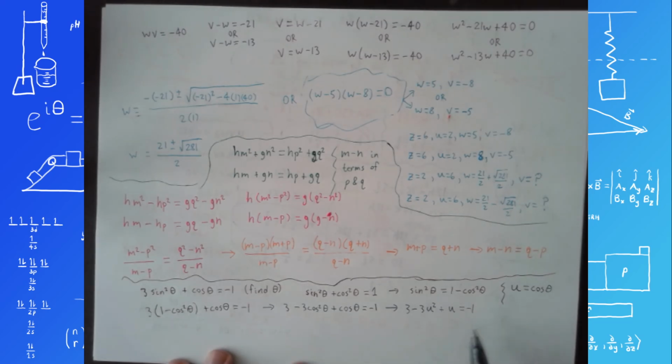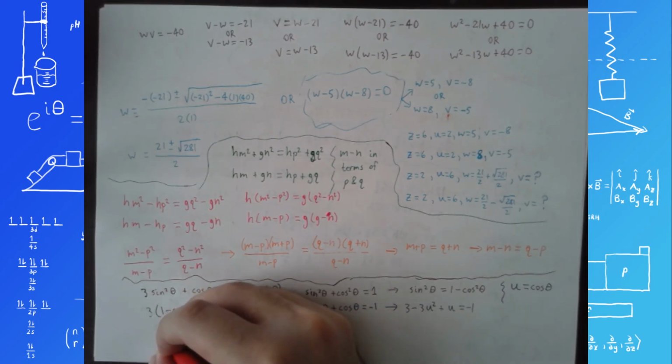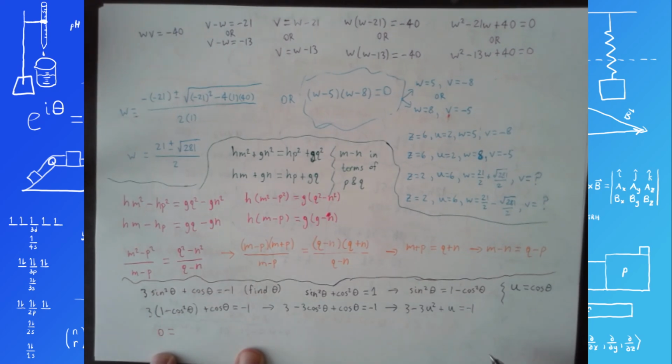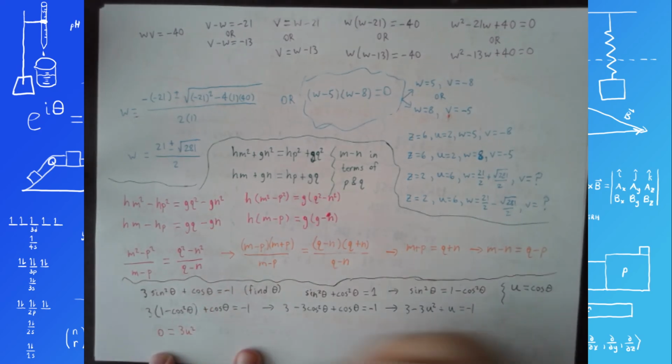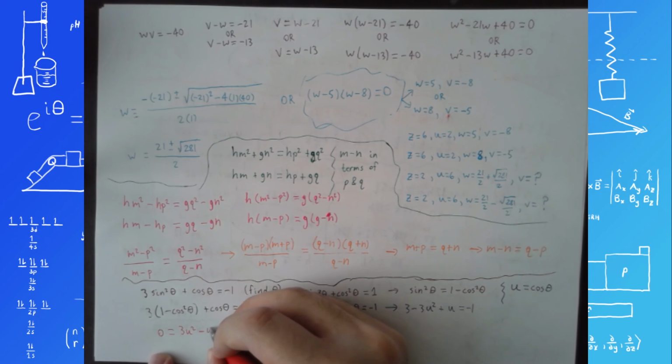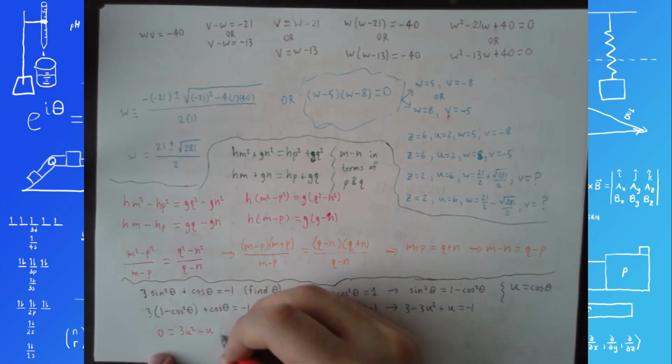If I move everything over to one side, I think I'm going to move everything to the right so that I have a positive leading coefficient, then I'm going to be left with 0 equals 3u squared, and then subtract a u, and then we already had -1 on the right, and we're subtracting another 3 from it, so that's -4.